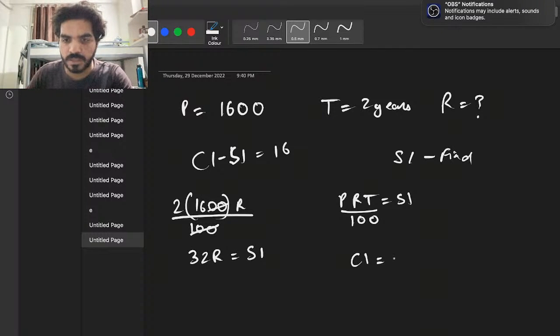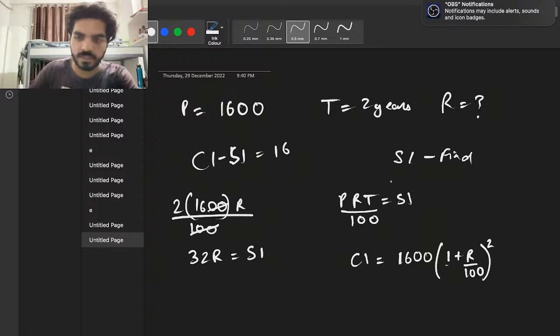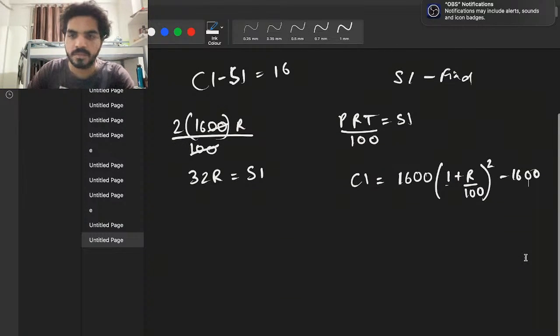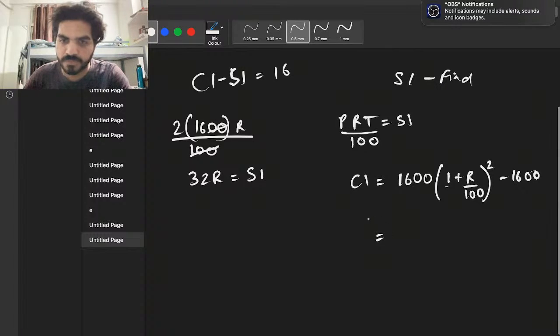Now we'll go for CI. CI will be 1600 into 1 plus R upon 100 to the power 2. I think it would be better to use unitary itself, but let's solve it.